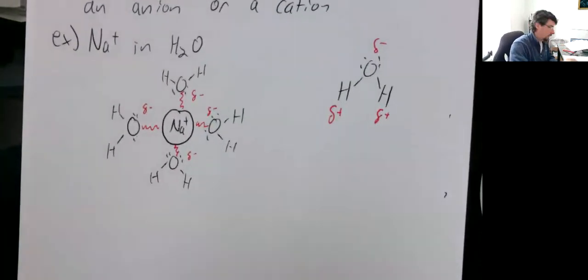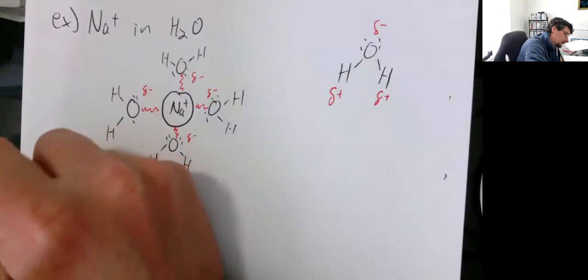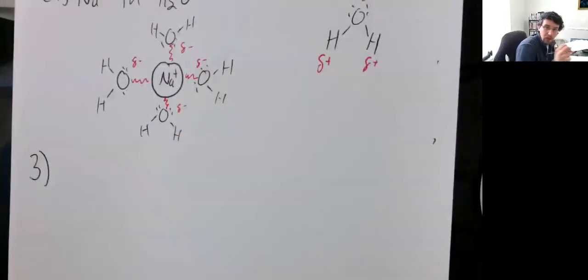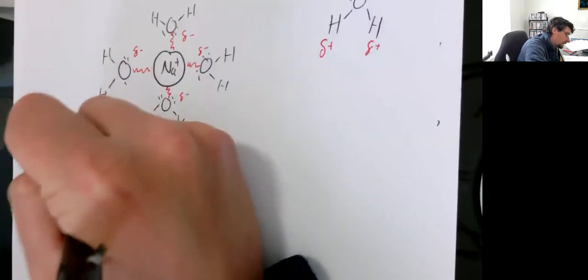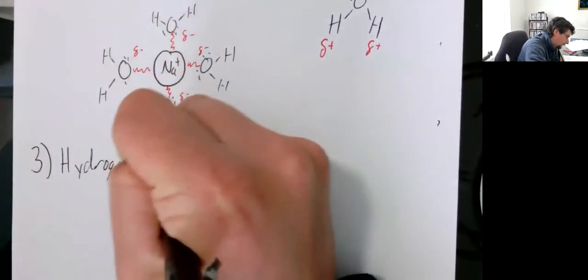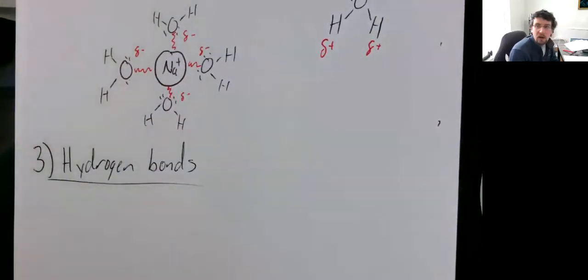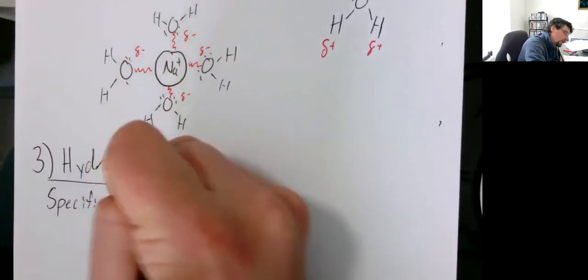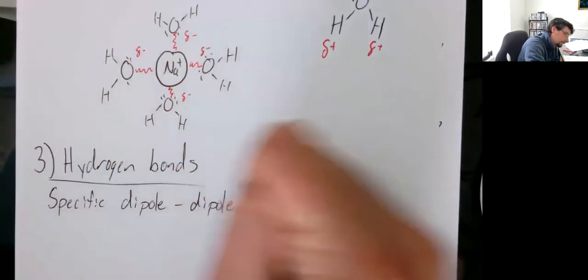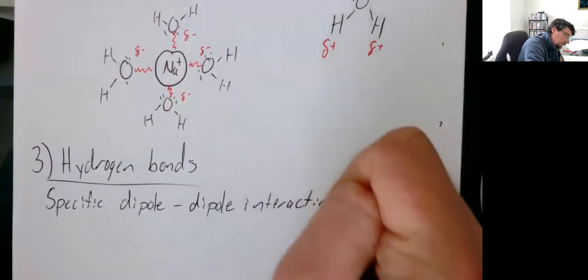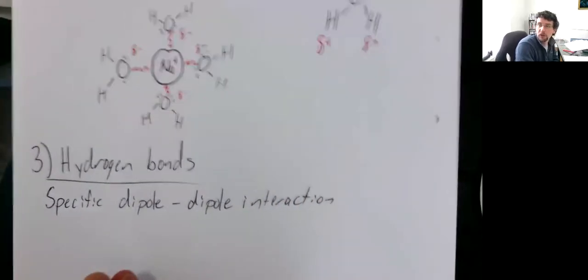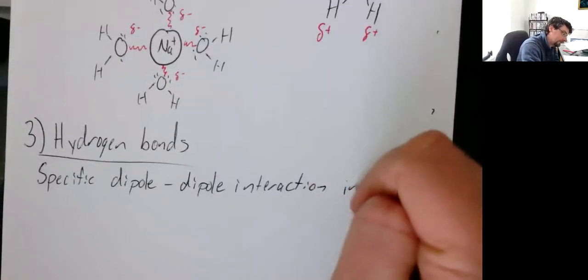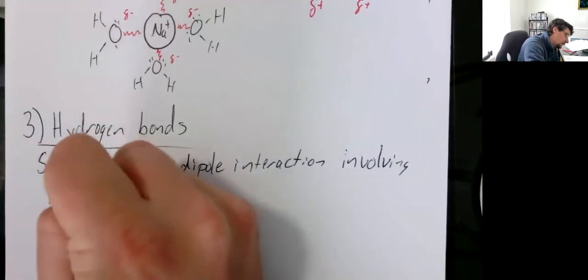Now, the third type of intermolecular attraction force are known as hydrogen bonds. And these are a specific type of dipole-dipole interaction that has to involve nitrogen, oxygen, or fluorine.